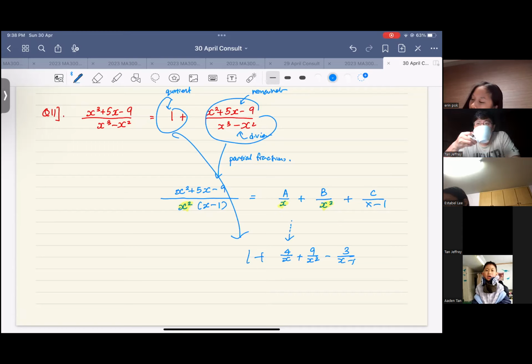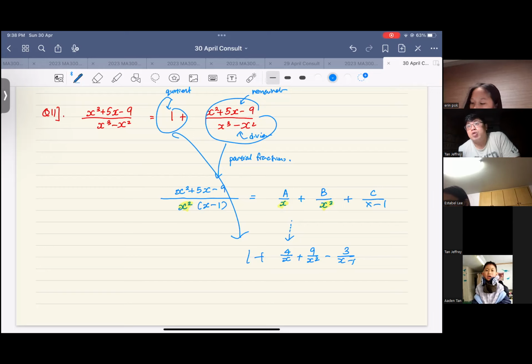But Mr. Tan, why do you have to put a over x and b over x squared plus c over x minus 1? Why can't it be a over x minus 1, then b over x and c over x squared? Can. Irregardless of how you do it, you can put ABC, CBA, CAB, because ABC are all just dummy unknowns.